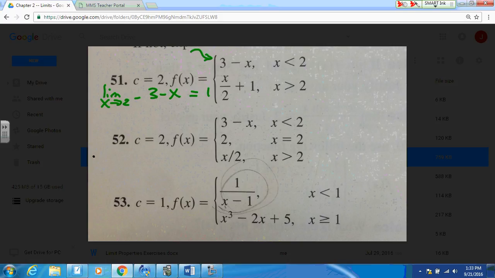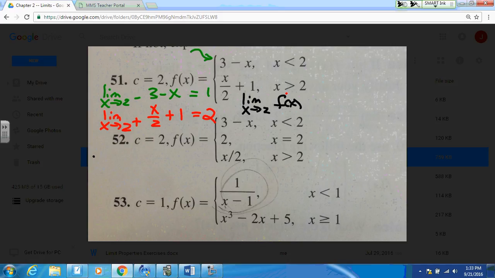For the limit to the right, same story, but I need to use the piece where x is greater than 2. So that piece is going to be x over 2 plus 1. And as x goes to 2, I get 2. So the limit from the right is 2. What about the limit as x goes to 2 of f of x?